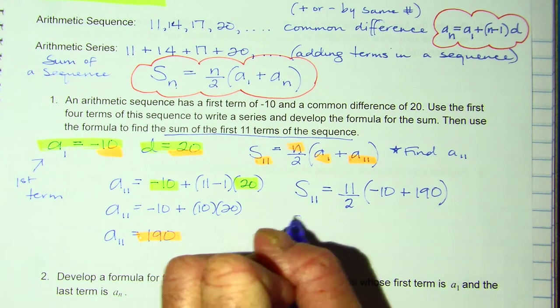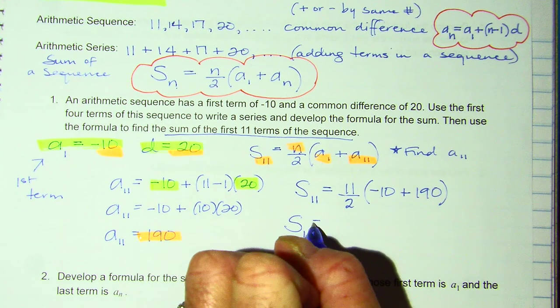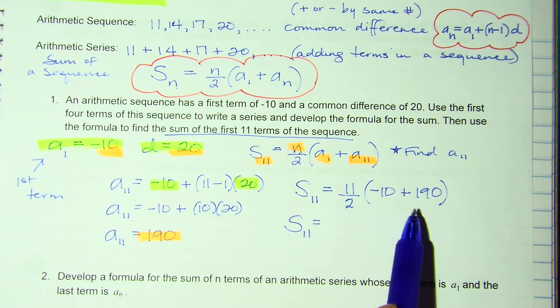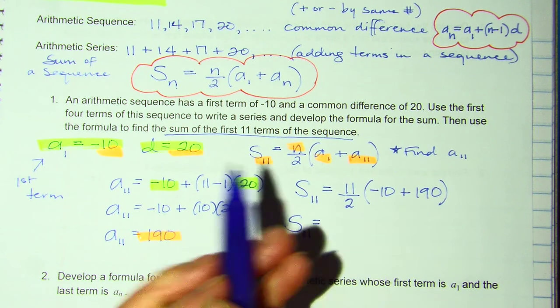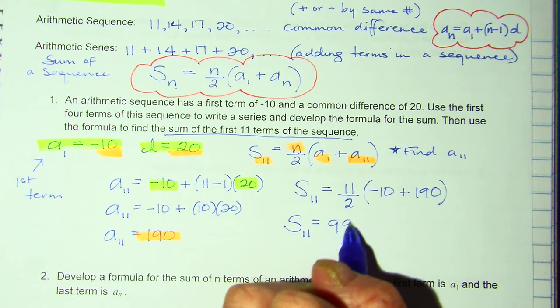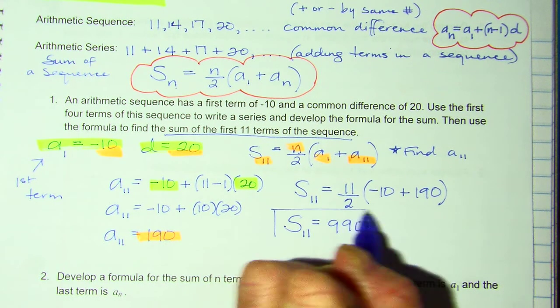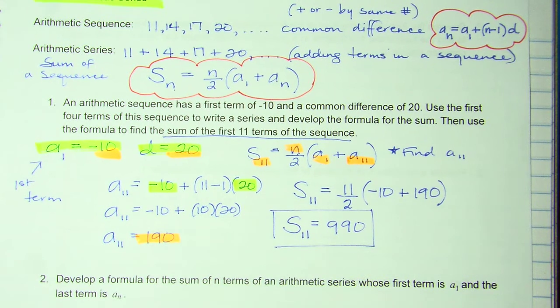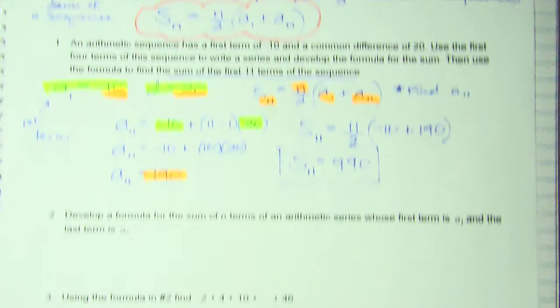So the sum of the first 11 terms equals 5.5 times 180, so I get 990. So the sum of the first 11 terms equals 990.